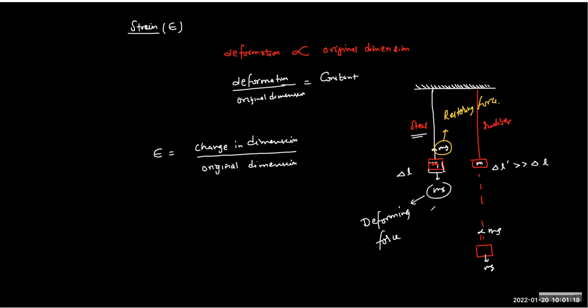So the behavior is similar to the spring force as you have studied in laws of motion. Now we'll see the types of strain. Tension force developed is also an internal restoring force only. So tension and strain is internal force, internal restoring force.